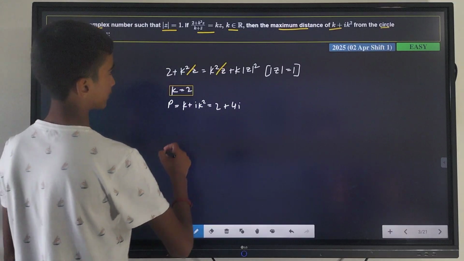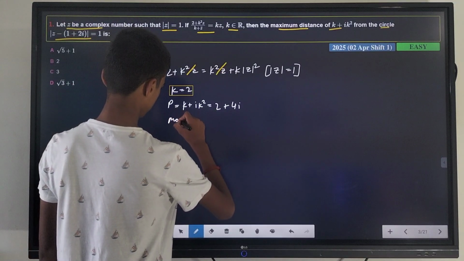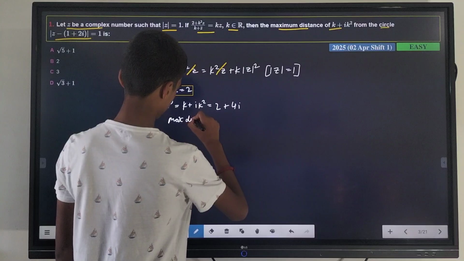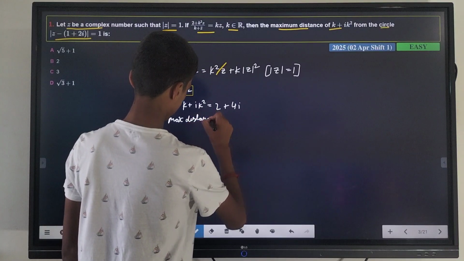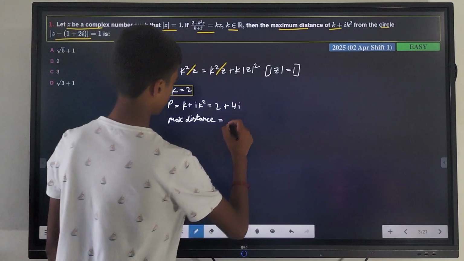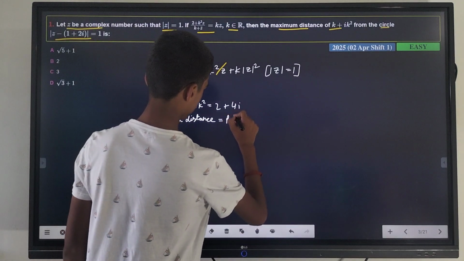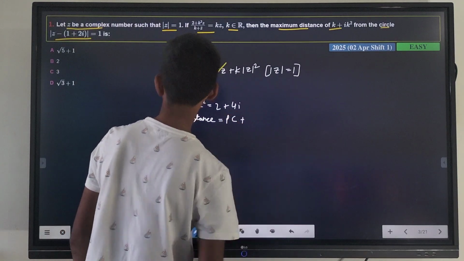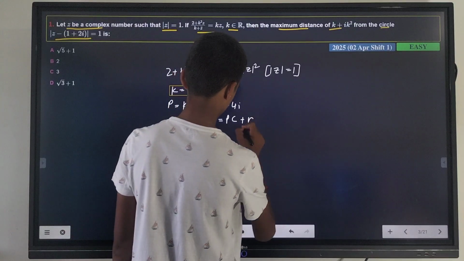Now our max distance from point P to the circle will be distance of point P and the center of the circle plus the radius of the circle.